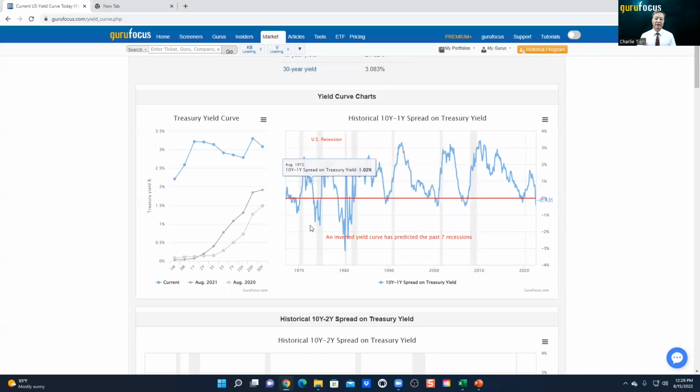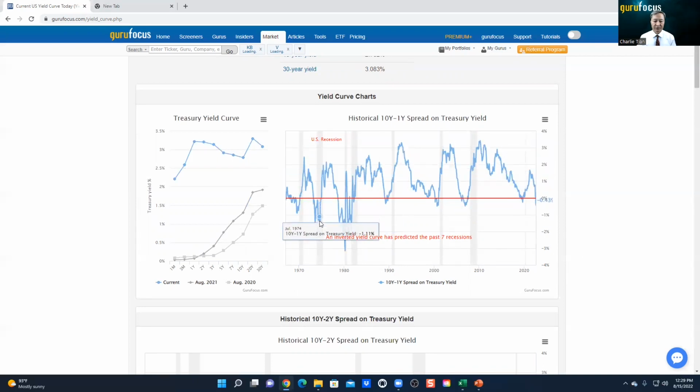And when the 10-year yield is lower than the 1-year yield, we call it a yield inversion. When there is a yield inversion, this blue line will be under the horizontal line. And you can see this here.